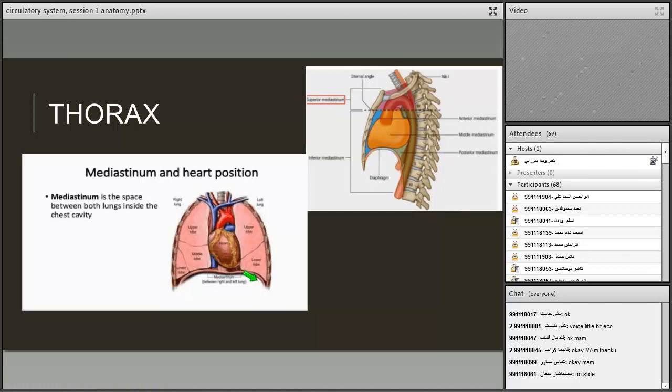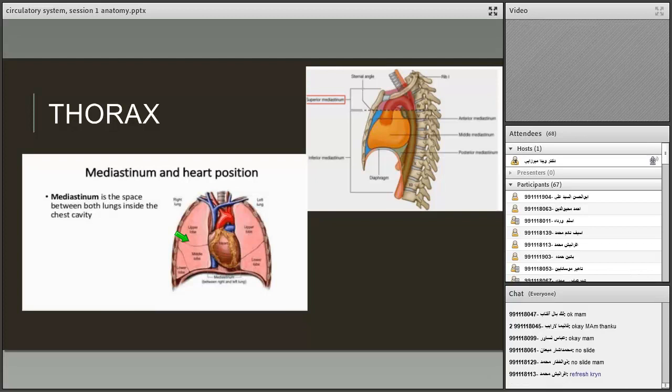Okay? Now, the mediastinum is the location of the heart in the thorax. If we separate the different parts of the thoracic cavity, we can say most of the thoracic cavity is occupied by the lungs.